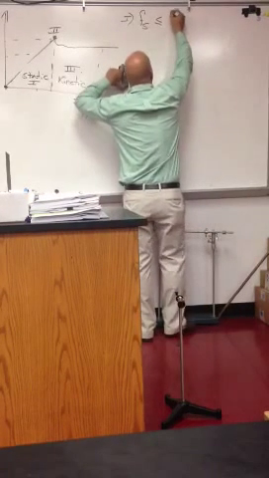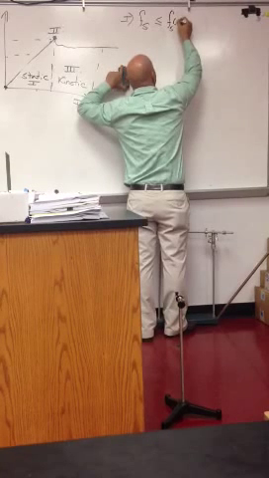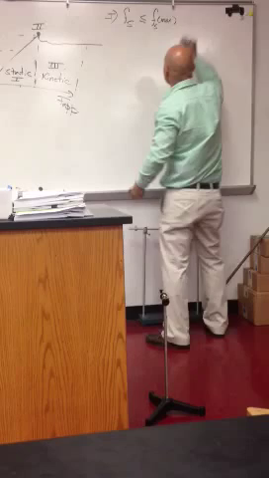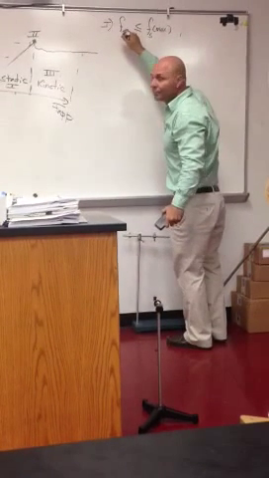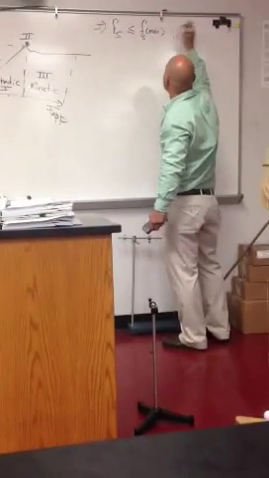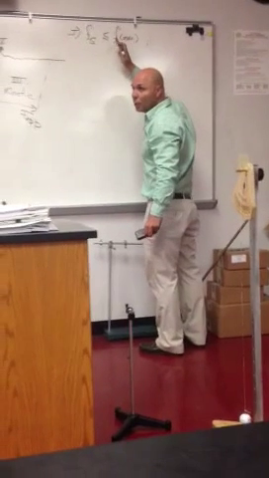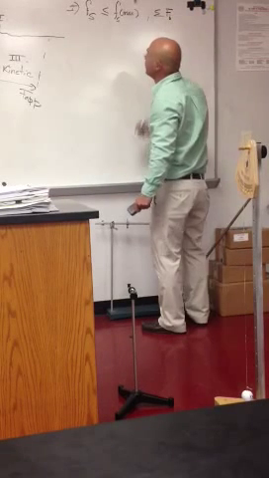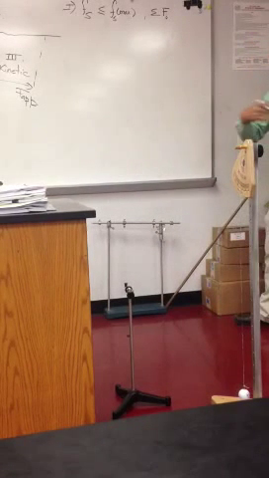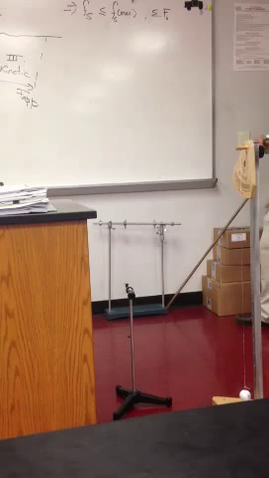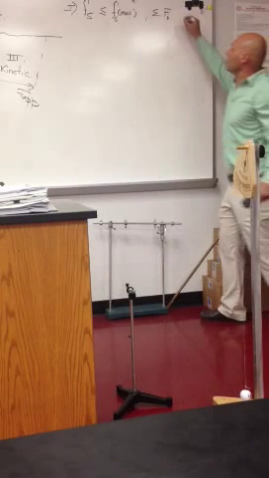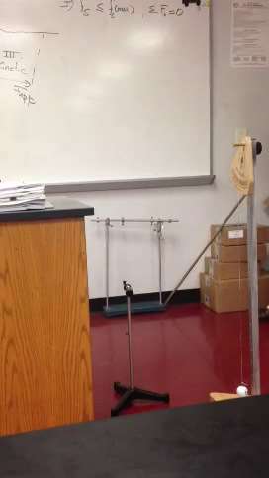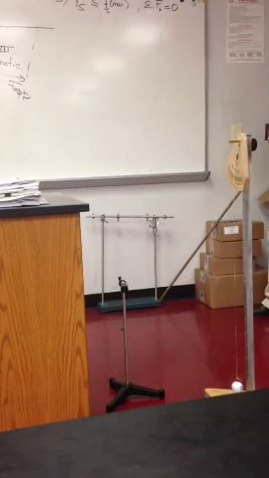The maximum or critical I will label Fs max. When it's less than the maximum static friction, the only way to find it is applying Newton's first law along the particular axis, can be x, can be y, equal to 0. This is the only way you can find that friction.